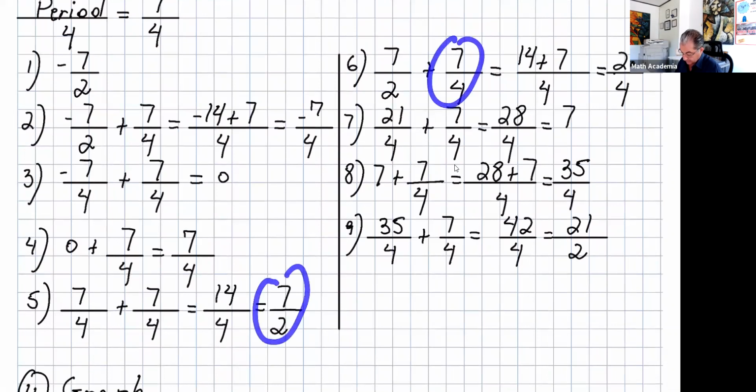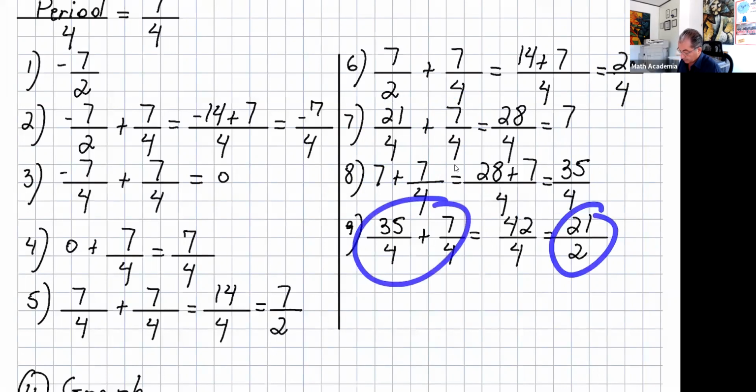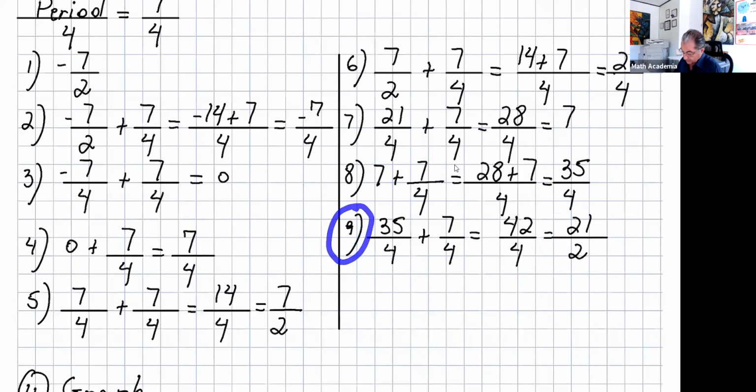Second period, you keep adding the points. 7 over 2 plus 7 over 4 is 21 over 4. And 21 over 4 plus 7 over 4 is 7. 7 plus 7 over 4 is 35 over 4. And finally, the last point, if you add this, you get 21 over 2. Usually the 9th point is going to be the last point on the graph.